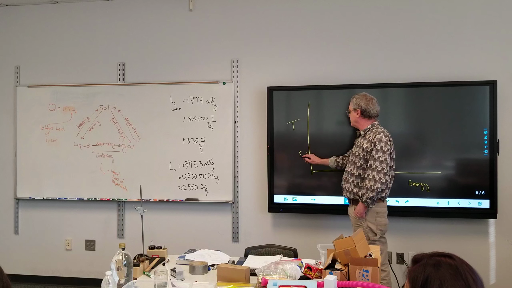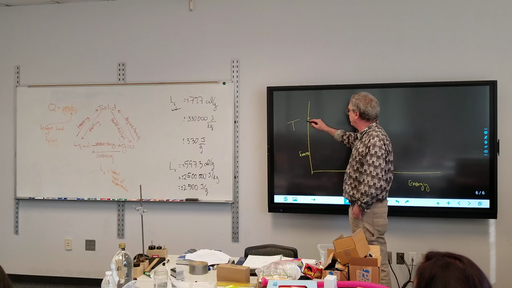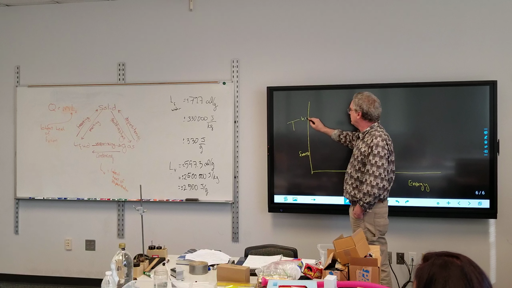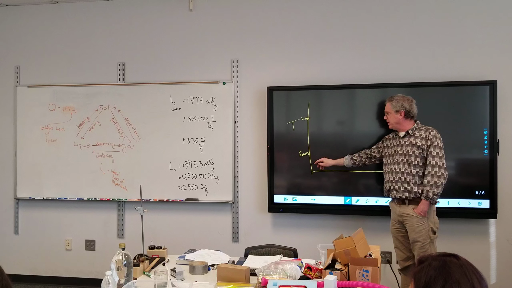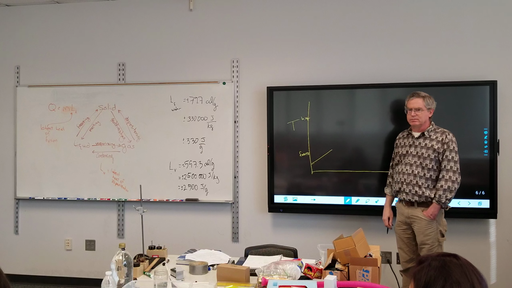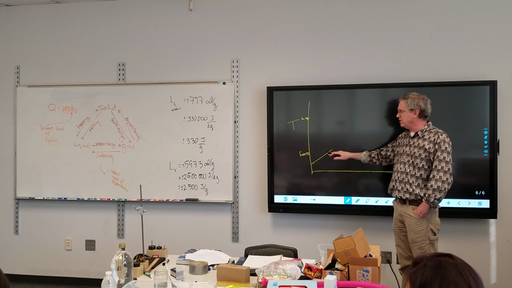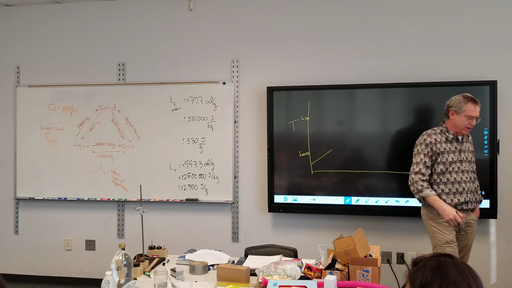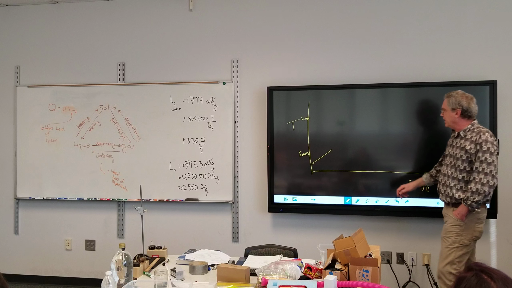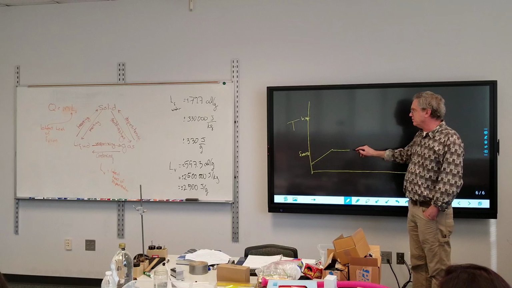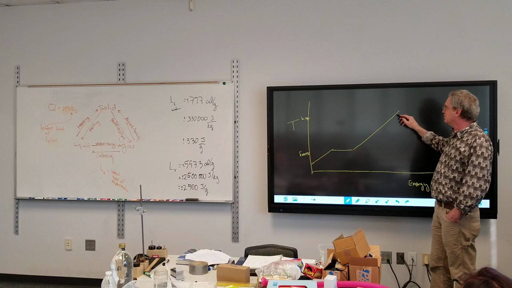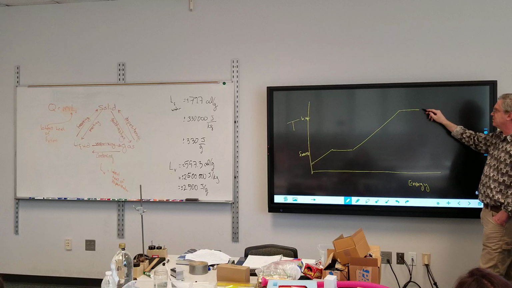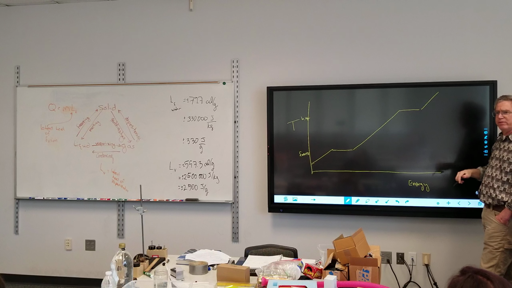I'll have a freezing point or melting point, whichever way you want to go, and then I have boiling right here. The first thing I would need to do is put energy into it until it gets up to freezing. This is purely changing the temperature of the solid form. Then I have to put energy in order to melt it. And then I put energy in order to get up to boiling. Energy in order to turn it into a gas, and energy in order to get it up to whatever my final temperature is.